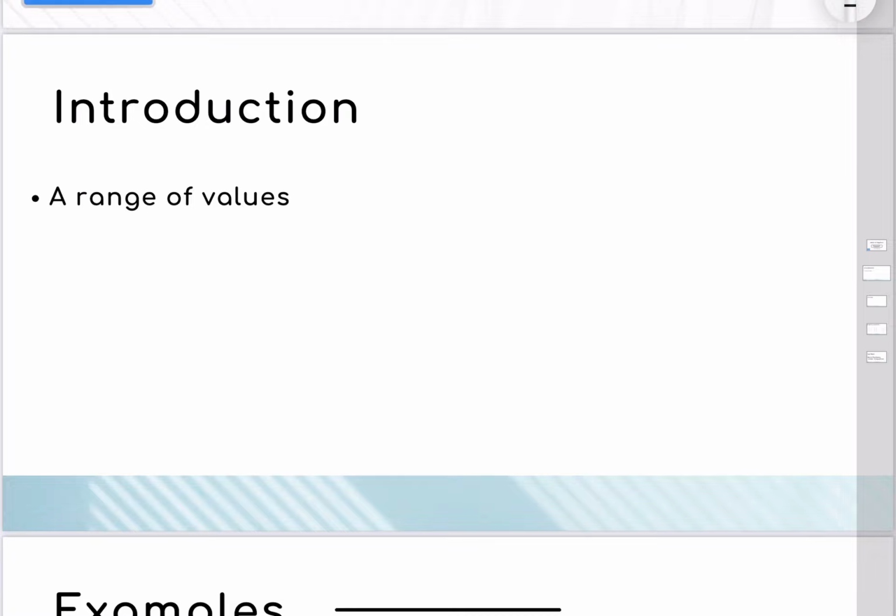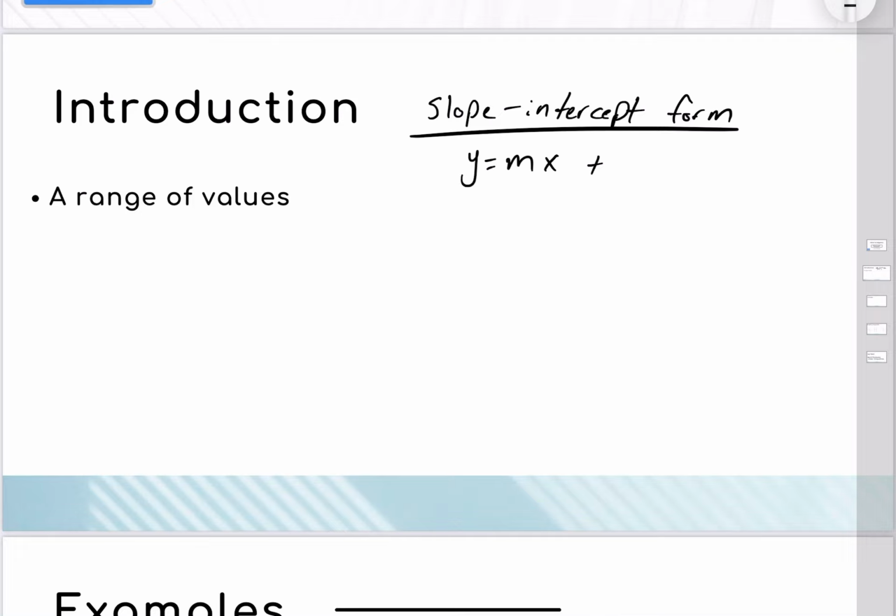Now, it's an important distinction to make that we actually do still put these inequalities in that slope-intercept form that we learned about with our equations. You remember y equals mx plus b? Well, now it's just going to be y, inequality symbol, mx plus b.